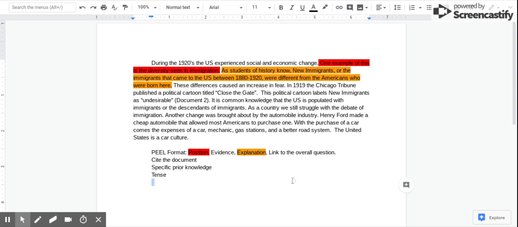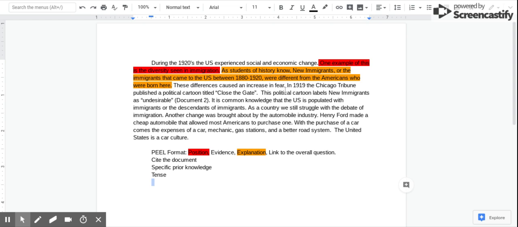There we go. These differences caused an increase in fear. In 1919, the Chicago Tribune published a political cartoon titled Close the Gate. What I've done here is I've used the information about the document, the publisher and the date of it, to introduce the document.